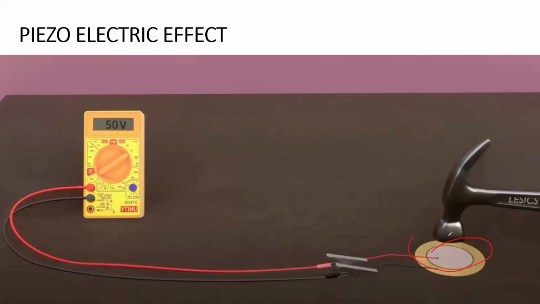And then when force is applied directly here, it creates electric charges, which can be seen across the connected electrodes, and then it can be measured directly with a voltmeter or thereabout.